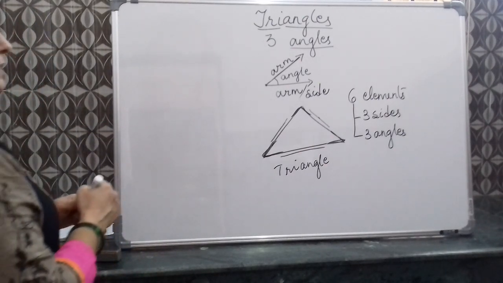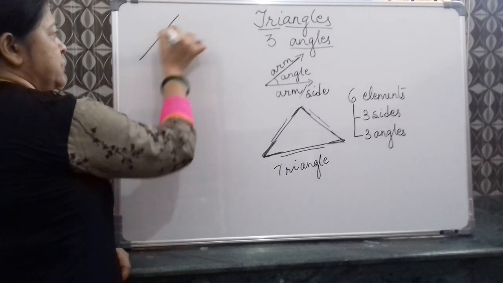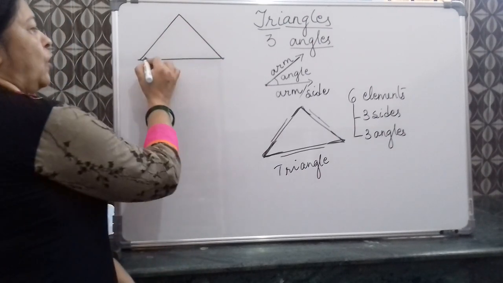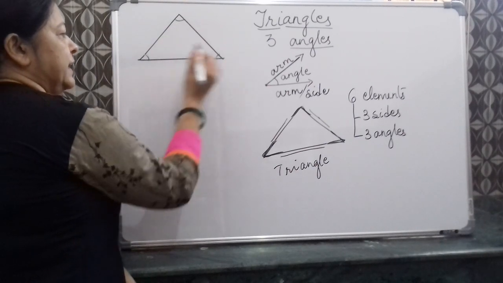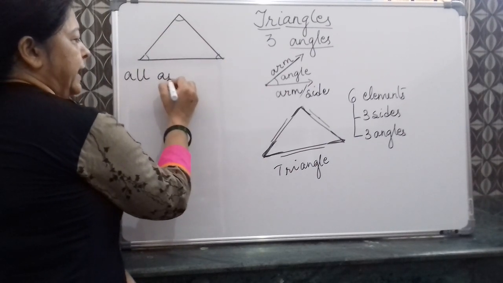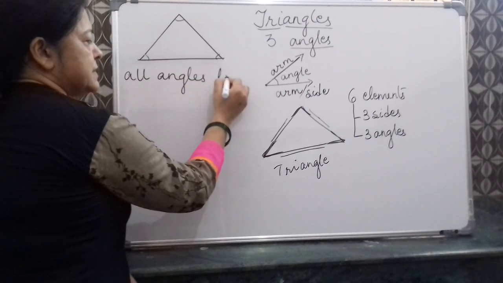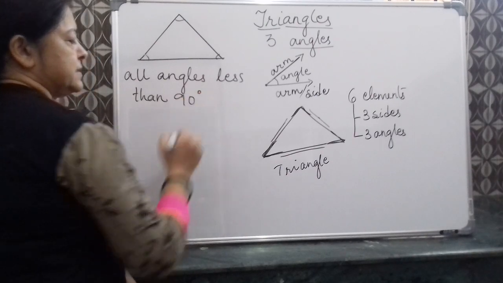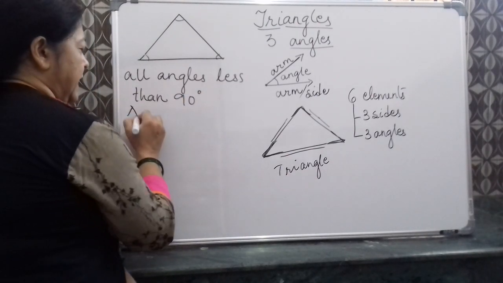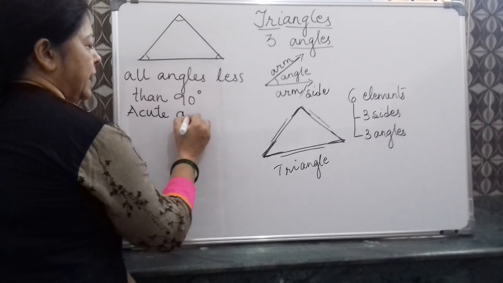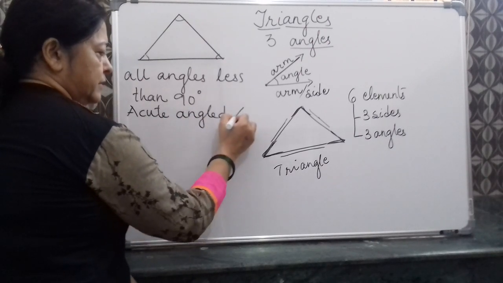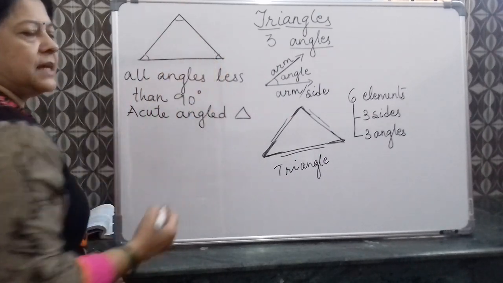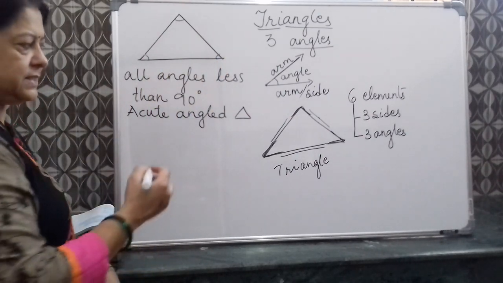So the very first type is a triangle having all the angles less than 90 degrees. We call such a triangle an acute angled triangle, in which all the three angles are less than 90 degrees.